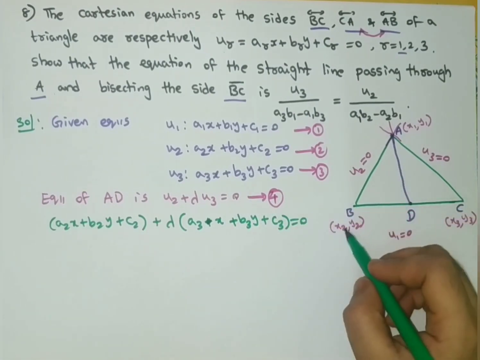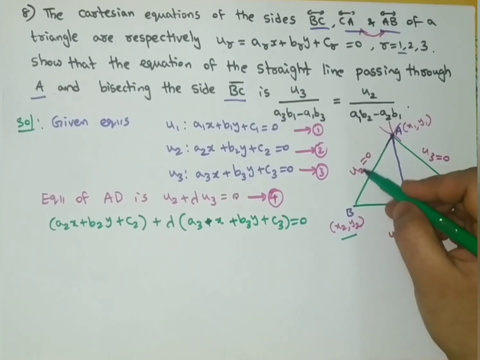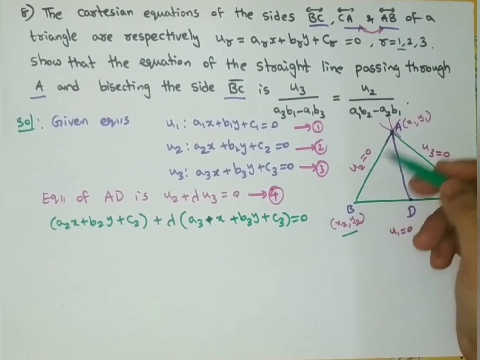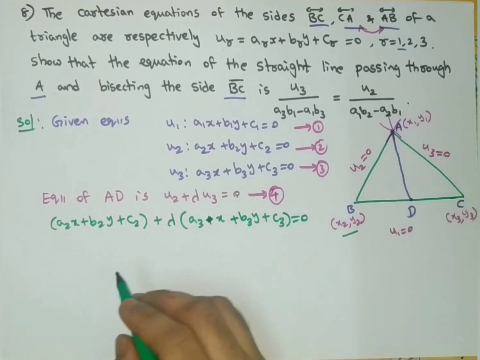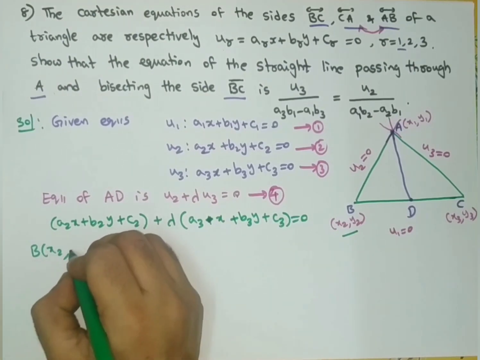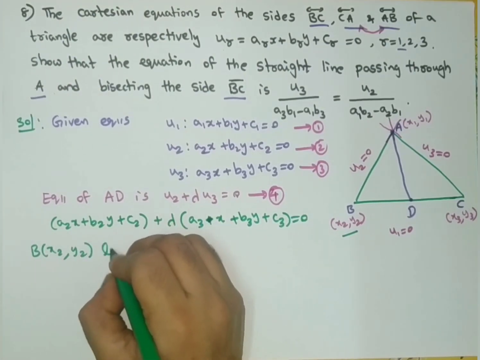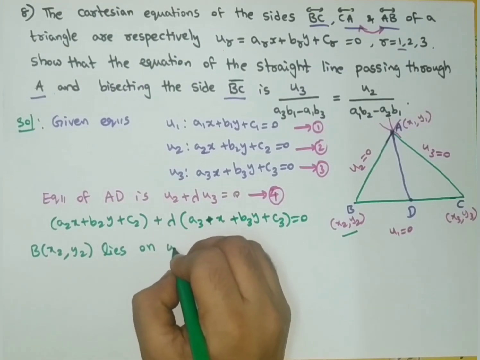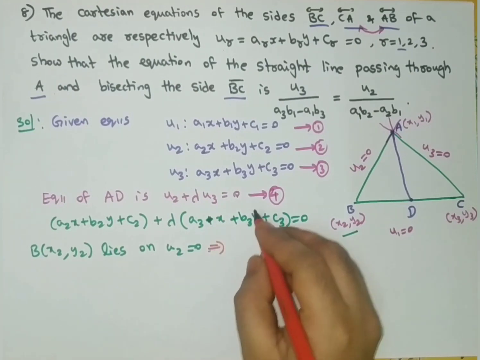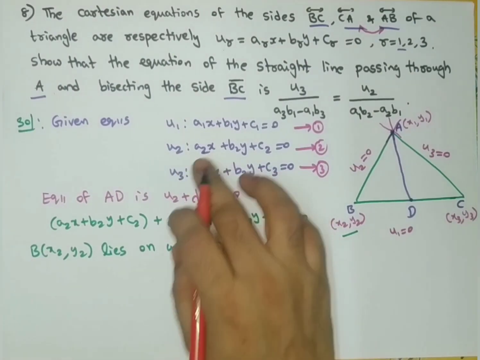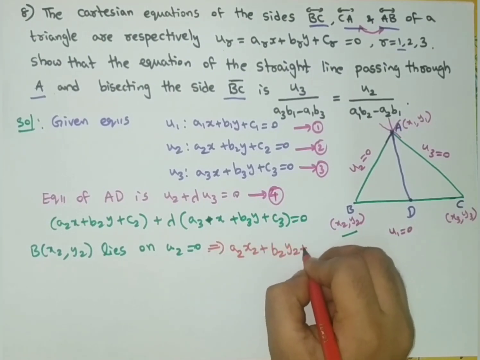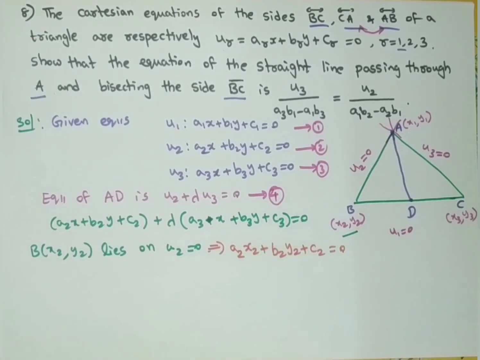Now, have you observed one thing? The point B lies on u2 = 0. If any point lies on a line, it will satisfy the line equation. So B(x2, y2) lies on u2 = 0, that implies a2x2 + b2y2 + c2 = 0.